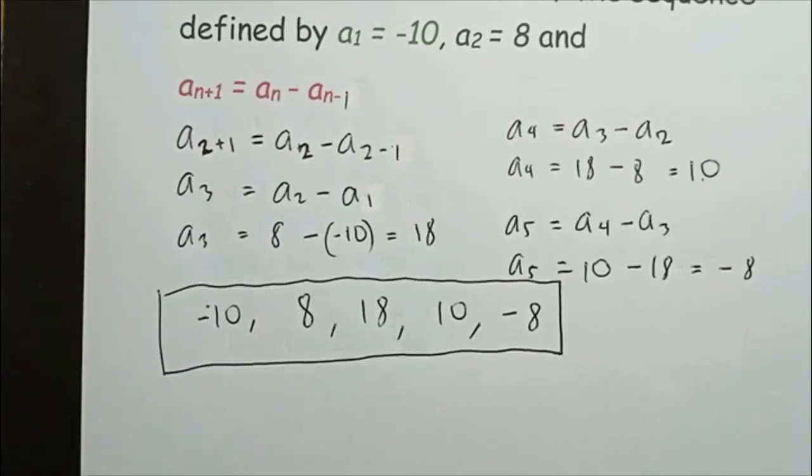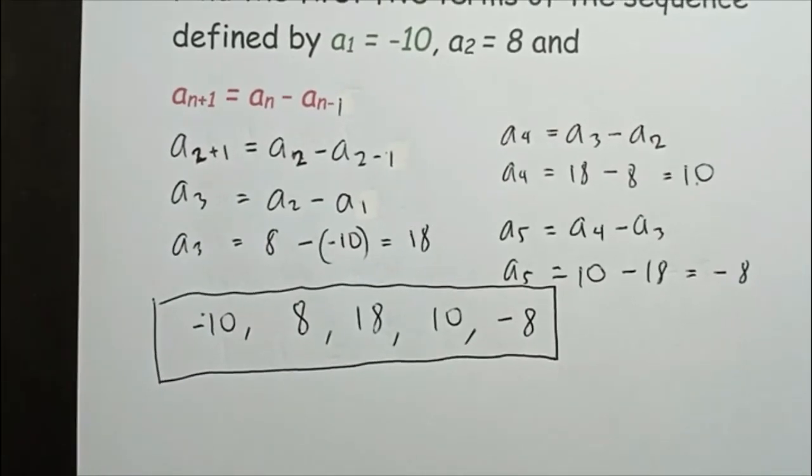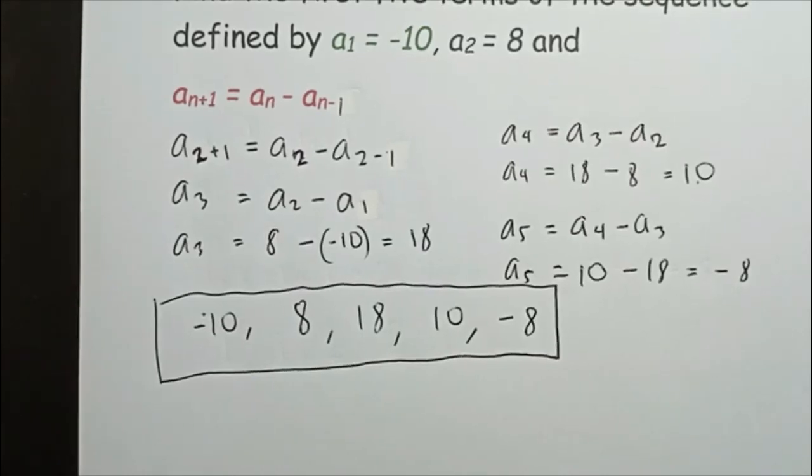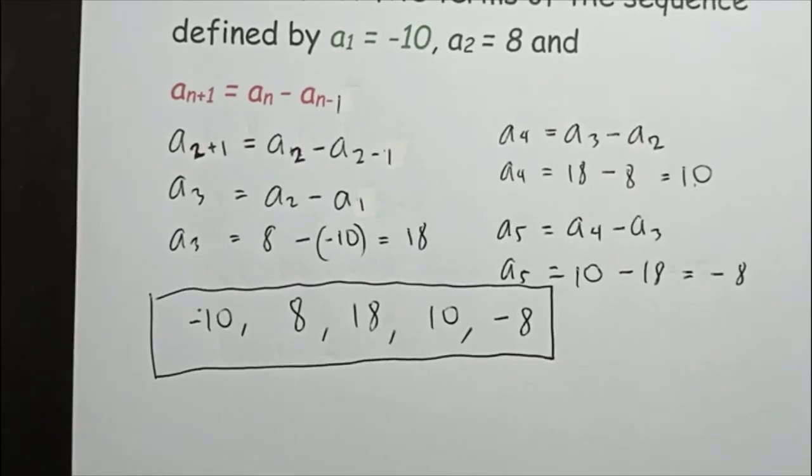Kapag kukunin mo yung term in a sequence, gamitin mo yung explicit formula. How to use that? Substitute lang. Substitute mo lang yung given o yung hinahanap na term dun sa n. So, ayun lang. Basically, nag-substitute lang tayo dito to get the n term.